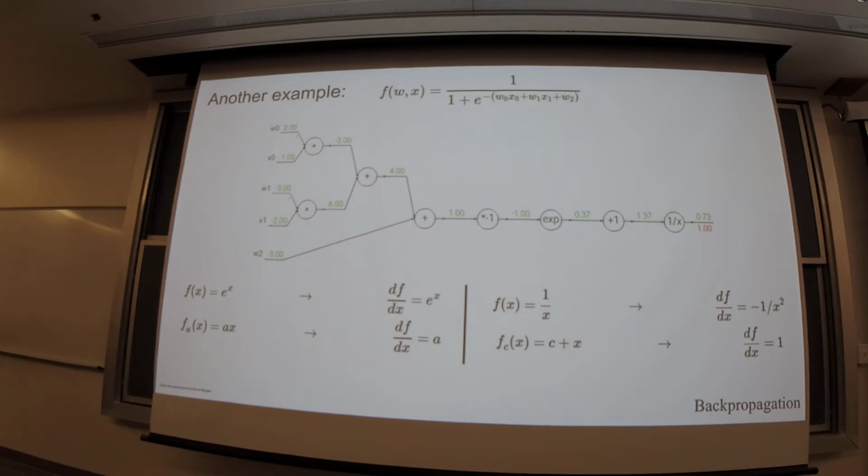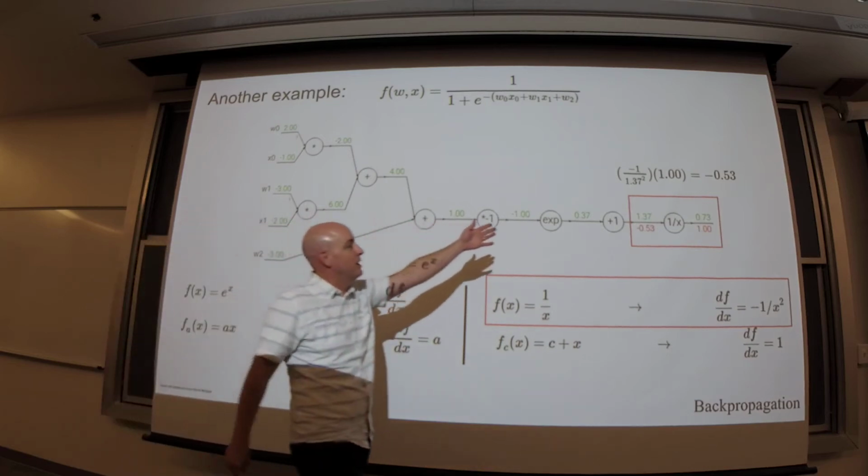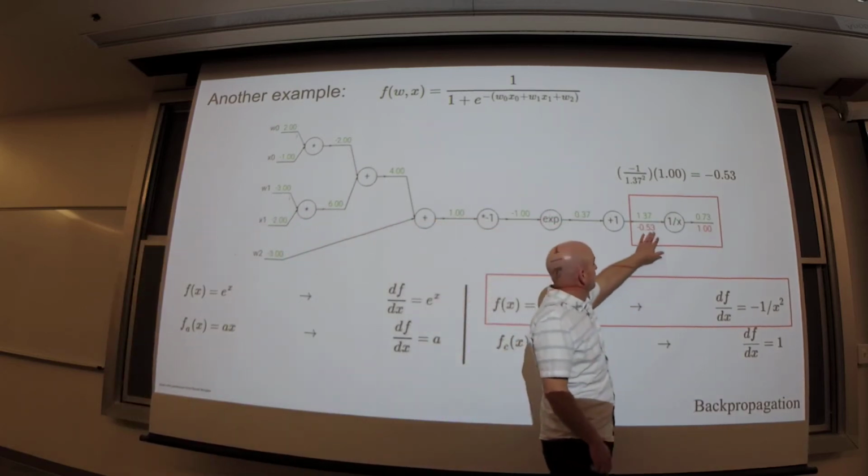Yeah, it's on there. Just like that calculus book that you once bought, it was like $150. The only thing you needed from it was the inside of the covers, it had all these things. Yeah, so that's our derivative. So our local derivative is -1 over the square of 1.37, which ends up being some number, and then we multiply by 1, so it's minus 0.53.